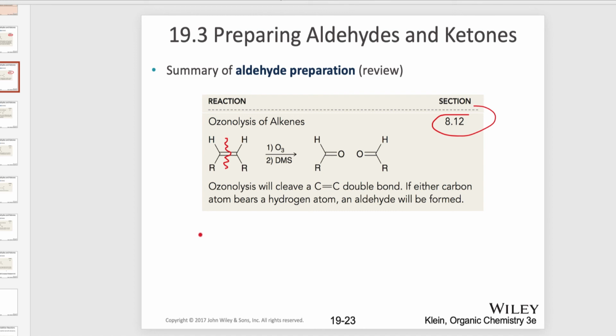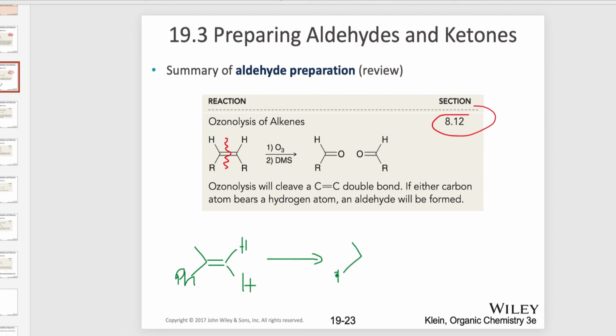If we were to look at an example, what I like to do is, let's say there's a phenyl group here, and then we have our double bond, and we're going to have a methyl group here, a hydrogen here, and I'm going to put a hydrogen here. The way I like to look at these reactions, it might help you to visualize it like this, is draw everything but the double bonds.